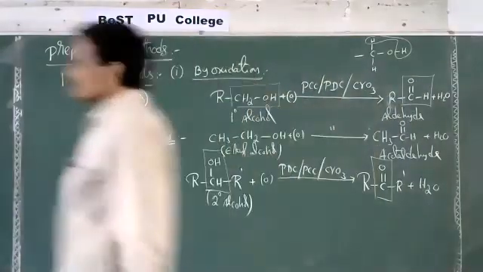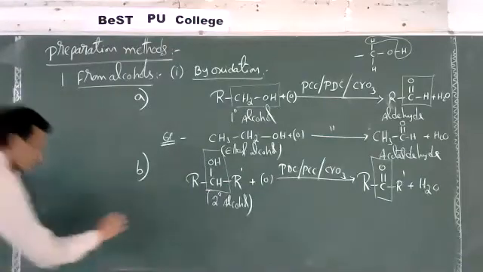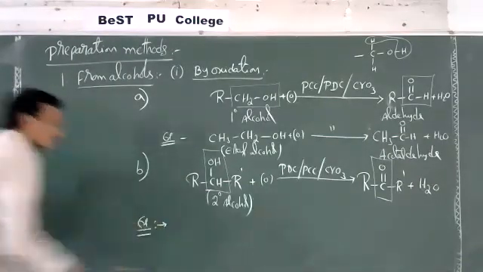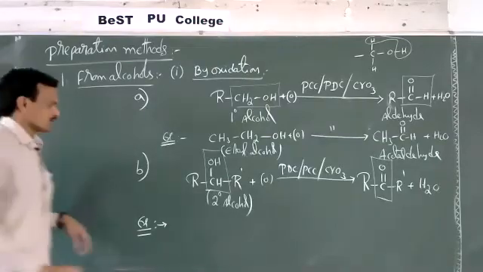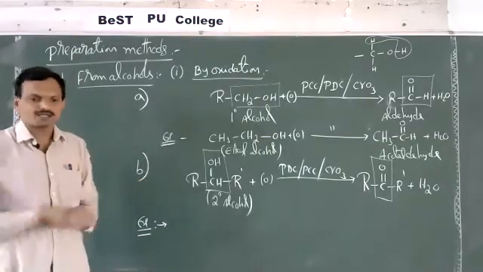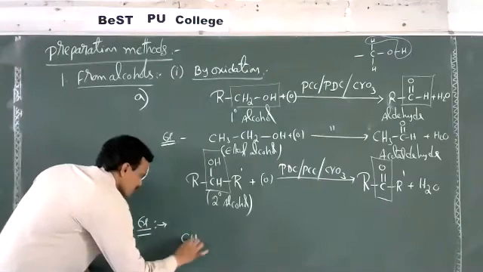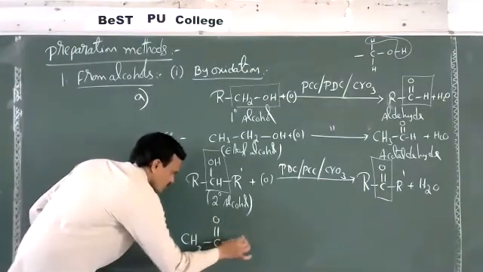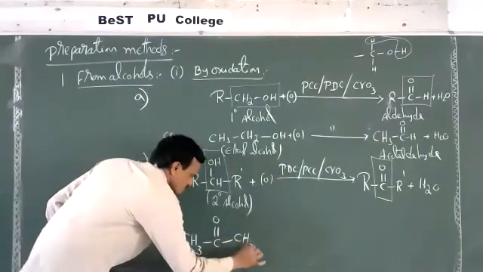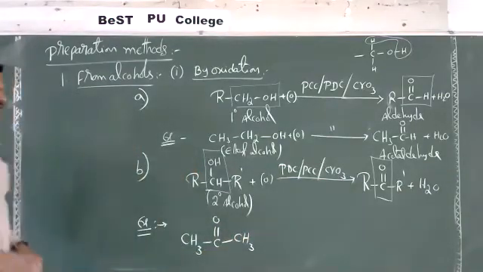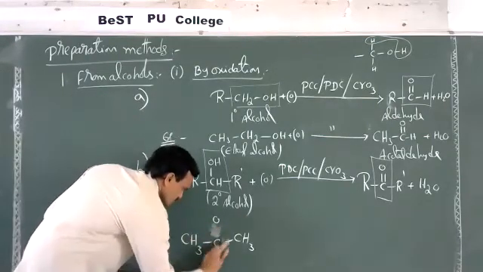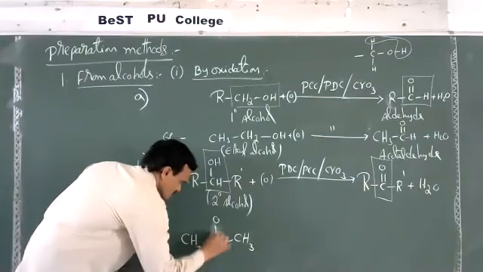Now let us take an example here. I'll take isopropyl alcohol as example: CH3 CHOH CH3.